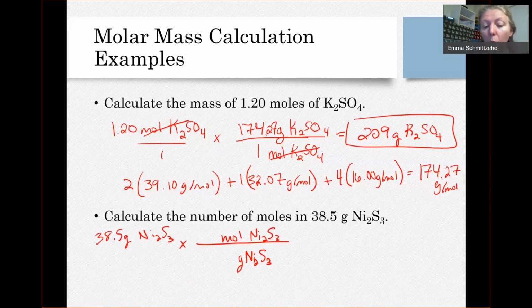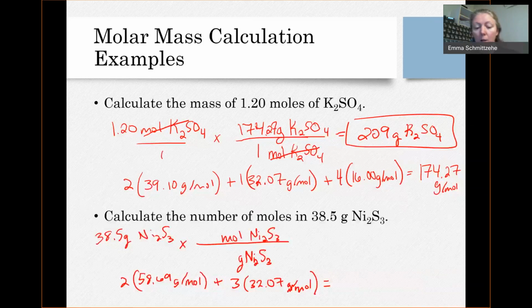So you're going to look up what nickel is, and nickel's 58.69 grams per mole, and there's 2 of those. And I'm going to add that to my 3 sulfurs, and each one's 32.07 grams per mole. And so let's see.